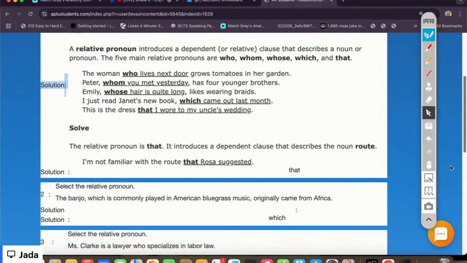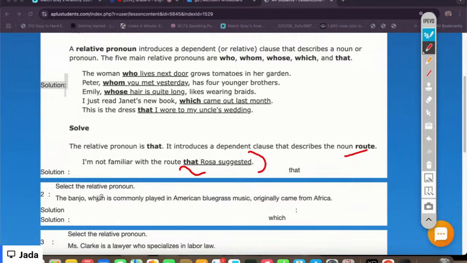This lesson is to identify. So we have that, and it introduces a dependent clause that describes the noun route. So that here would be the relative pronoun in the sentence.